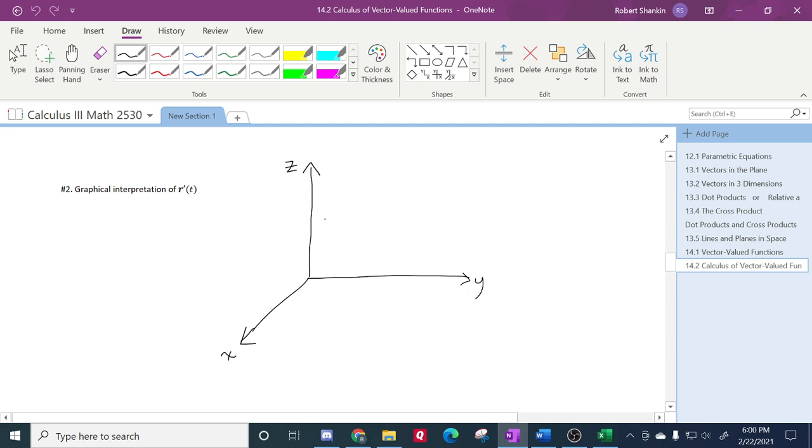So R of t itself is going to map out some kind of a space curve.